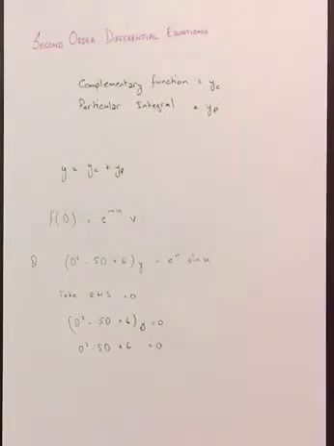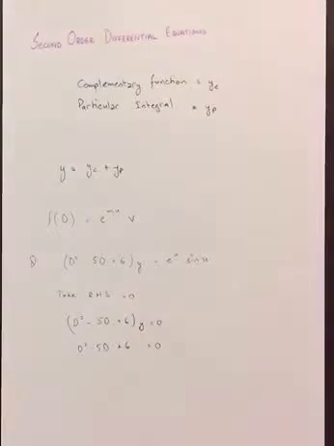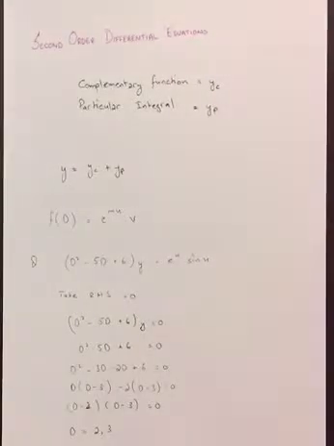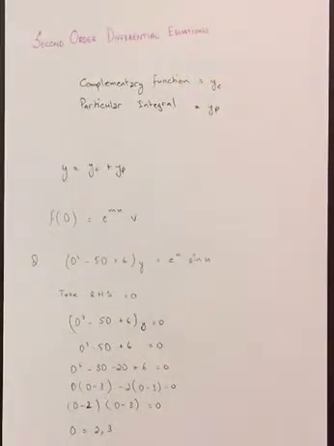Now we solve this equation and find the roots for D. The roots are 2 and 3. Since the roots are real and distinct, our yc becomes c1 e raised to the power 2x plus c2 e raised to the power 3x, where c1 and c2 are constants.